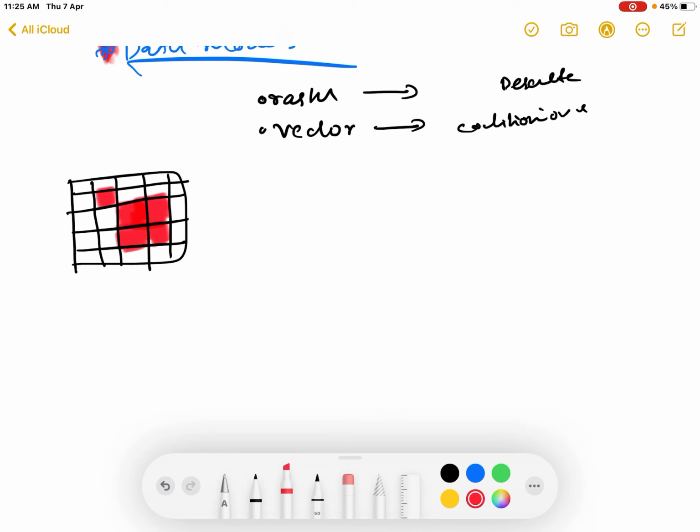In this raster data model, we are facing some problems. The problem comes when we use this as a data structure, or when we store this data. How will we store the data? We have to store it in a file.